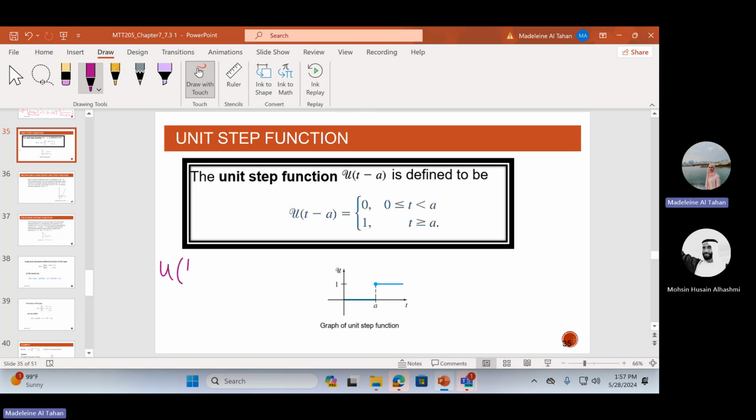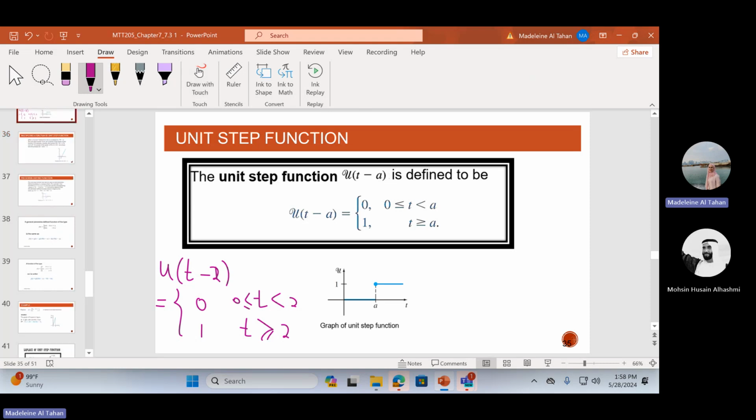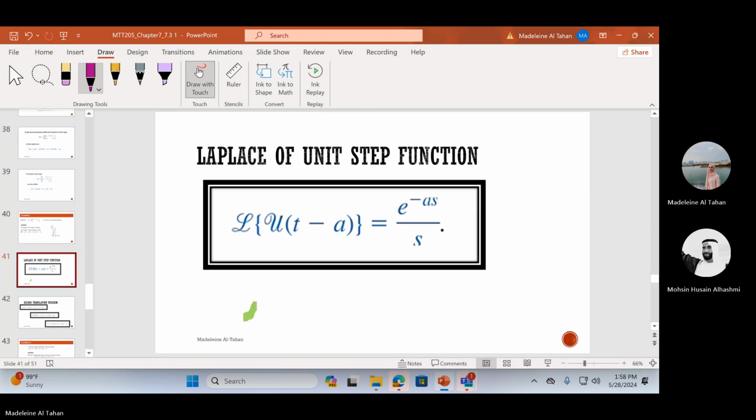As an example, if I have u(t - 2), what do we mean by it? It means that it's either 0 or 1. It's a step function. If t is between 0 and 2, I will get 0, and if t is greater than or equal to 2, I will get 1. Now, Laplace of this one: we can go for the integral and find it, or immediately apply the formula.